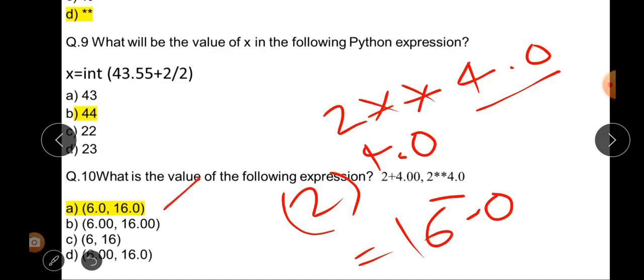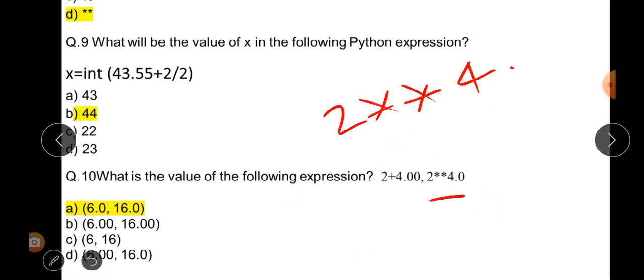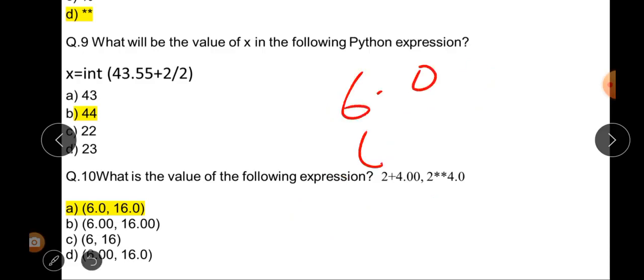But as far as the first part is concerned, there is a doubt, I think, in your mind that the answer is 6.0 or 6.00. Actually, when we add 2 to a float value, that is 4.0, then the answer should be a float value. I think there is no doubt about this point.